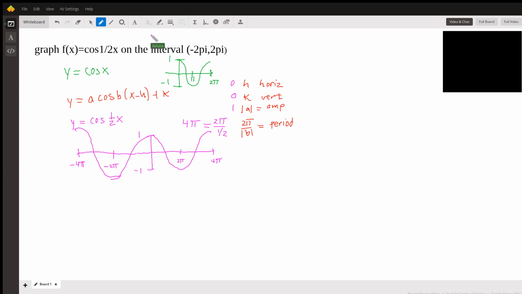Now, because the question is asking from negative 2 pi to positive 2 pi, all we need to worry about is that middle portion, which I'll shade in blue. If you wanted to, you could just submit this just for this region here between negative 2 pi and 2 pi, and it would be precisely what they're asking for.